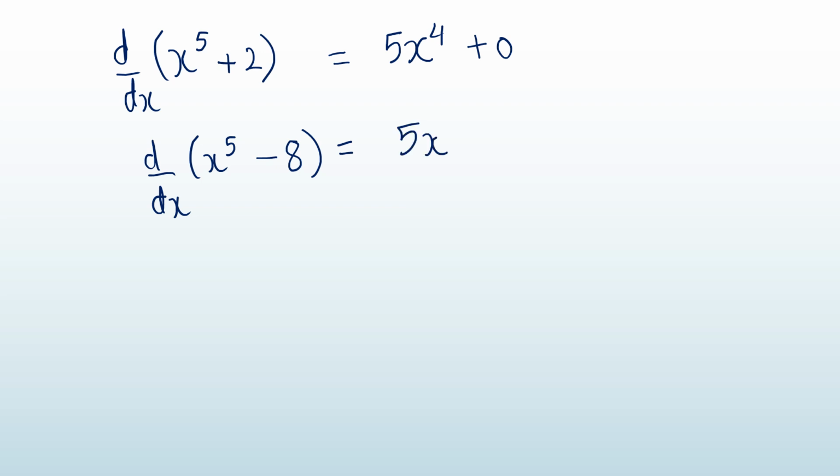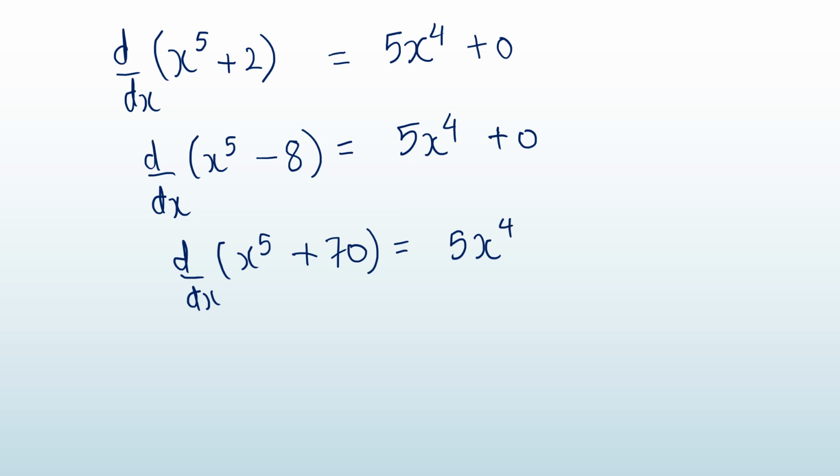Again, the derivative is 5x to the power 4 plus 0. How about x to the power 5 plus 70? Yet again, you get 5x to the power 4 plus 0. So it does not matter what constant you have, whether it's +2, -8, or 70, the derivative of any constant is 0.